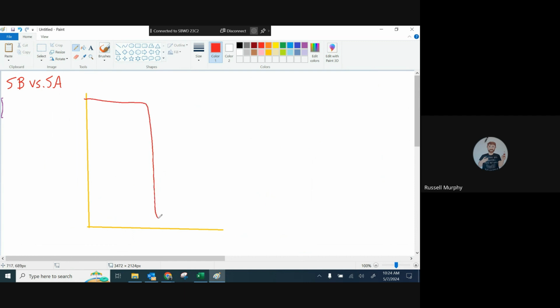Oh, that broke the thing. Okay, I gotta fix that. Strong base, strong acid. Here we go. Pretty much looks like the strong acid versus strong base, but it's been flipped upside down, doesn't it? And then we'll do the weak base versus strong acid.